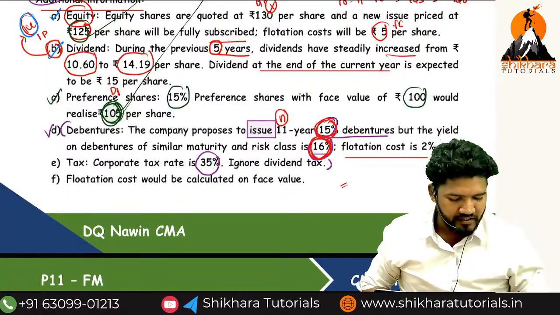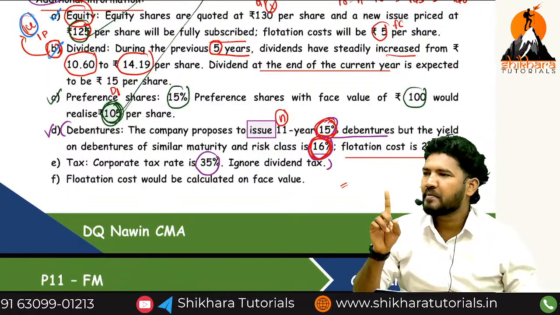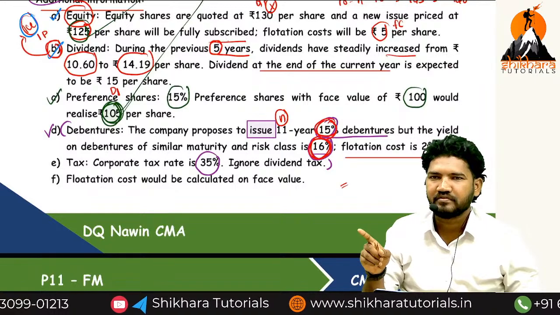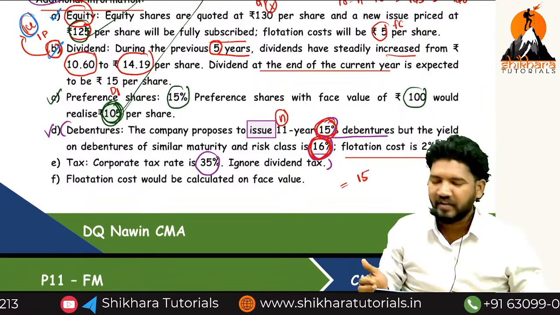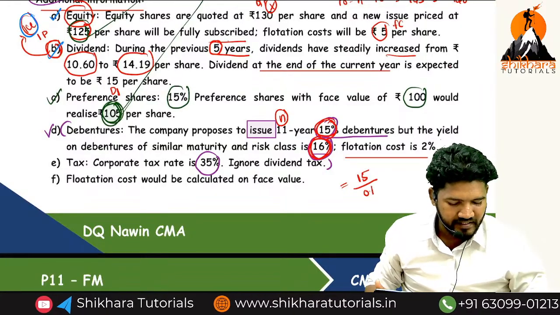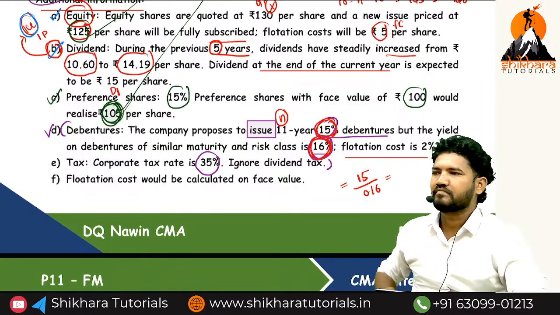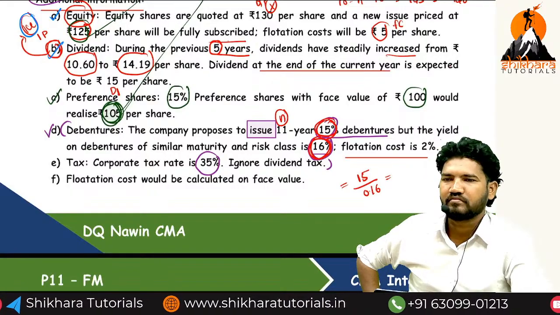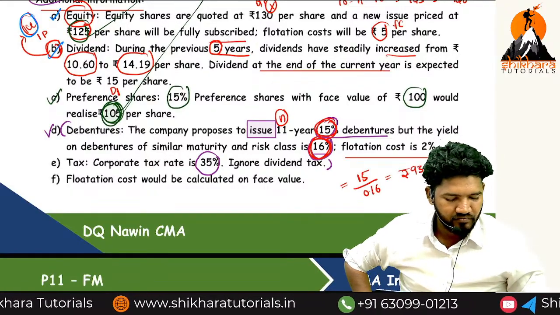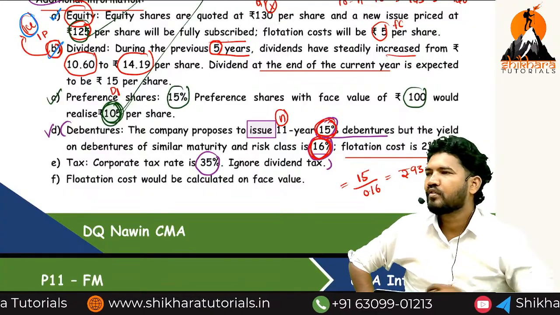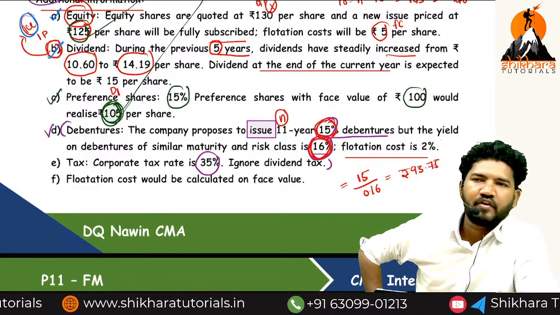How much interest per debenture? 15% per debenture means 15 rupees, on face value. 15 divided by 16% gives 93.75. If you issue at 93.75 rupees, it is a discounted price.